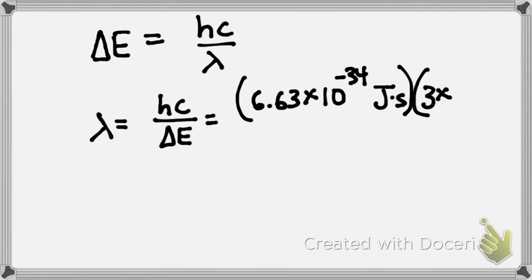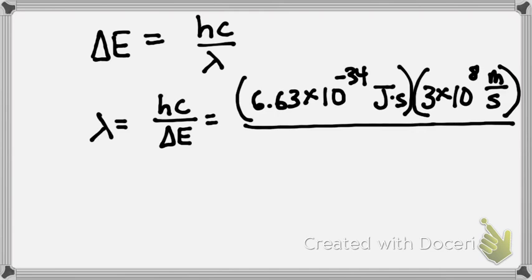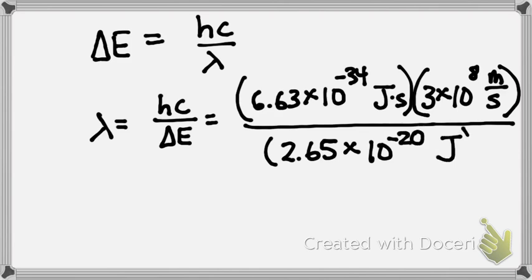times 3 times 10 to the 8 meters per second divided by 2.65 times 10 to the minus 20 joules.